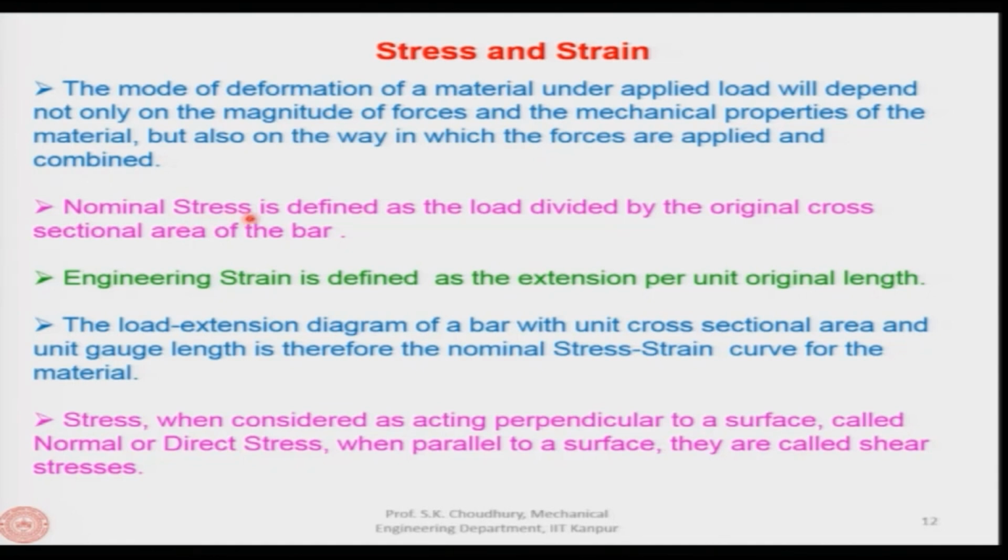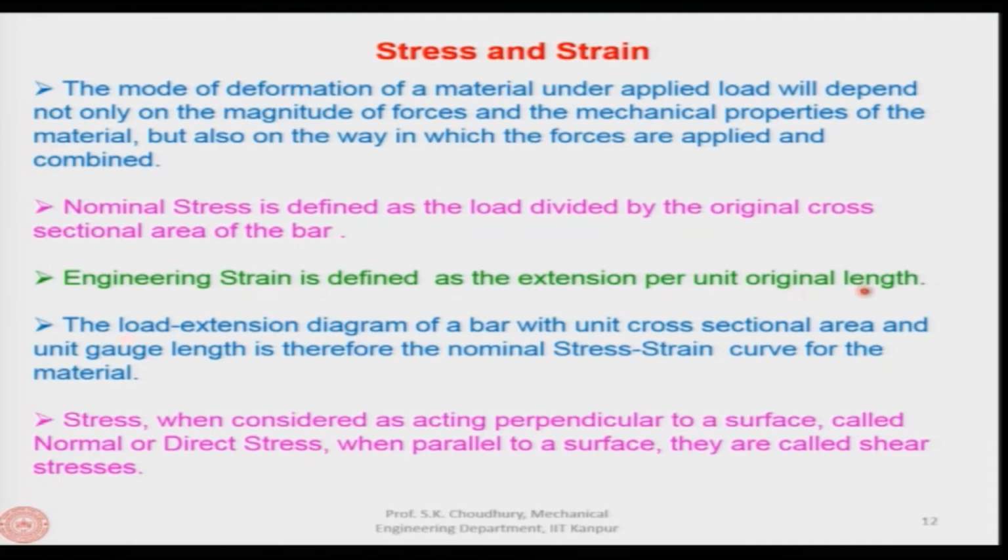Now, nominal stress is defined as the load divided by the original cross sectional area of the bar, this we all know, and the engineering strain is defined as the extension per unit original length.